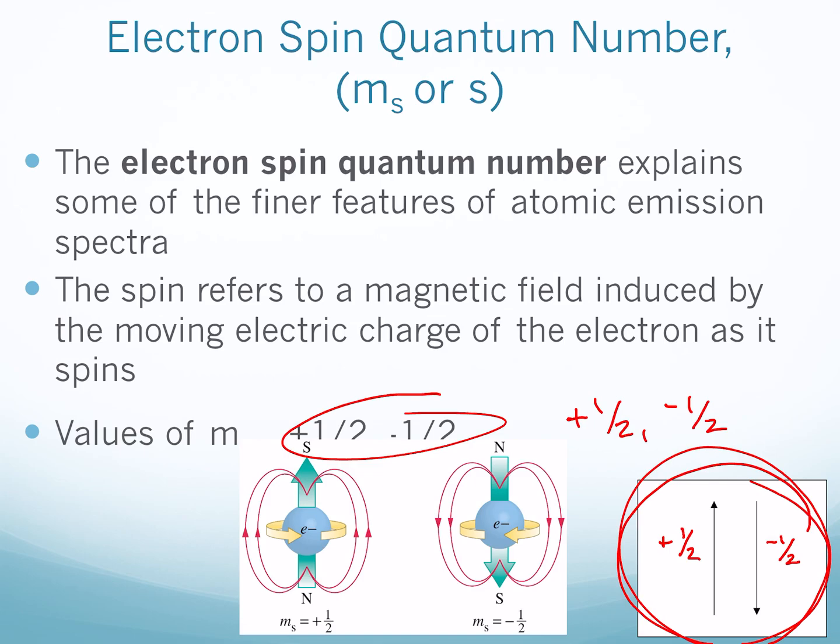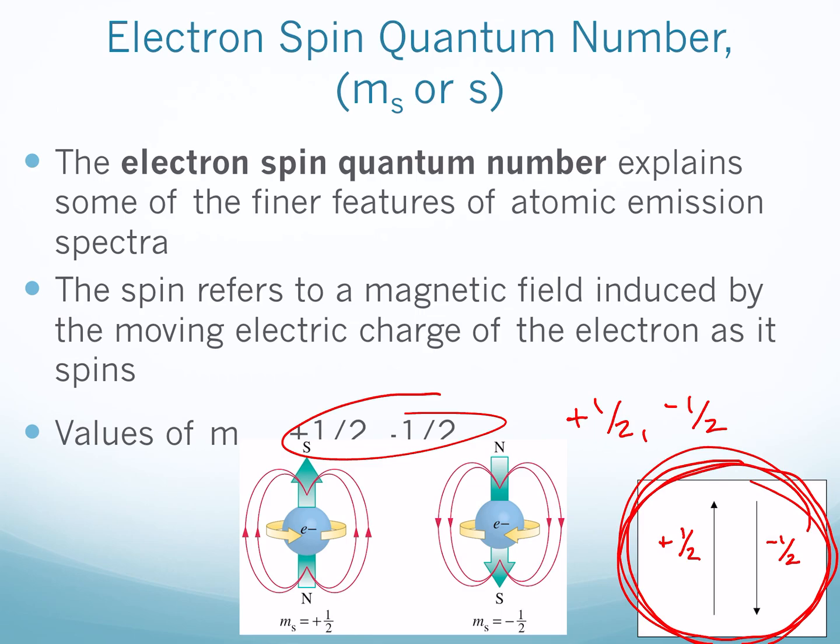These moving electrons are creating a magnetic field at 90 degrees from the direction of moving. So it's telling you whether the magnetic field is going up or going down. Again, I'm not going to make you draw any of this, but I would expect you to understand this, especially as we move forward and talk more about electron configurations.